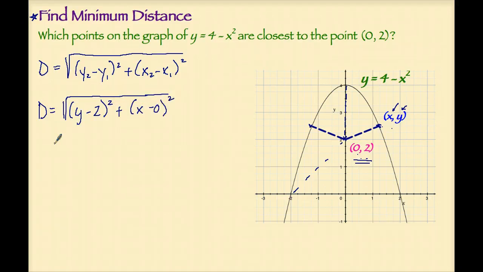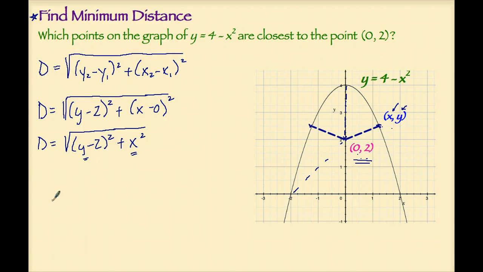Now let me simplify this a little bit. I have the square root of (y minus 2) quantity squared, and of course x minus 0 is just x, so this will be x squared. This is what I'm going to minimize. Of course, I have one small problem, two variables. I need a single variable in order to take the derivative of this function and find the minimum distance.